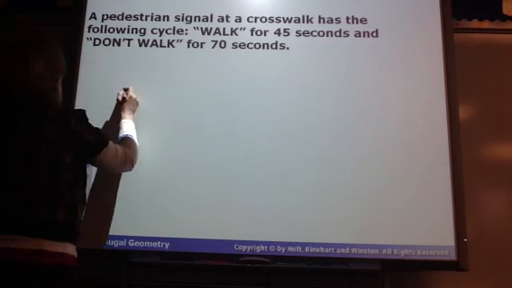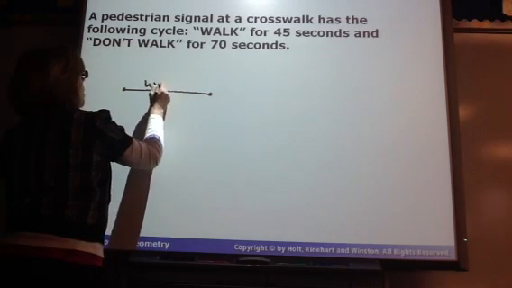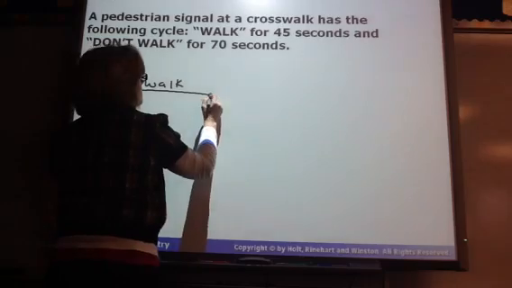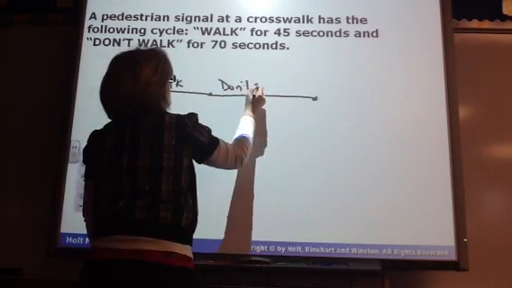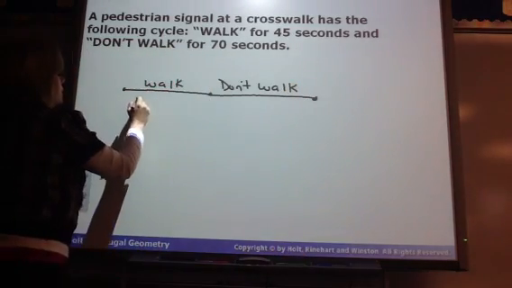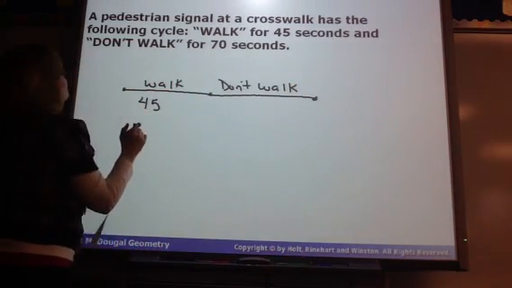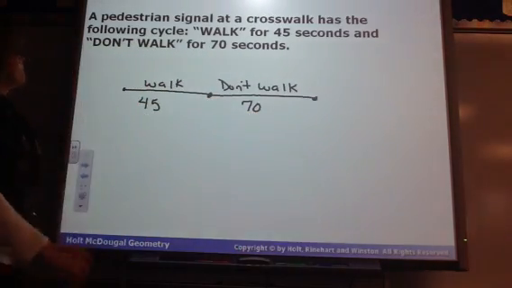Okay, so here's the starting point. This is the walk. This is the don't walk. Okay, so the walk is 45 and the don't walk is 70.